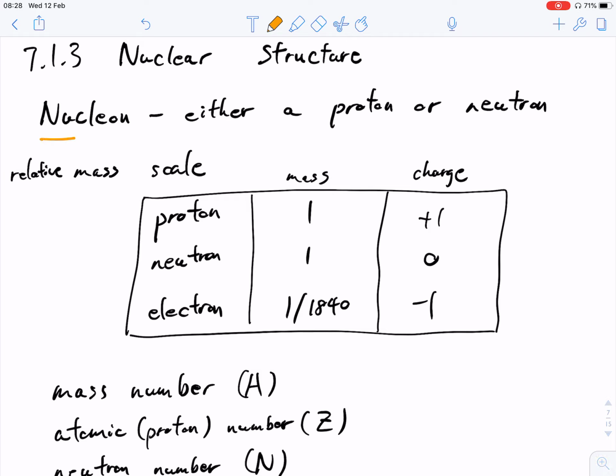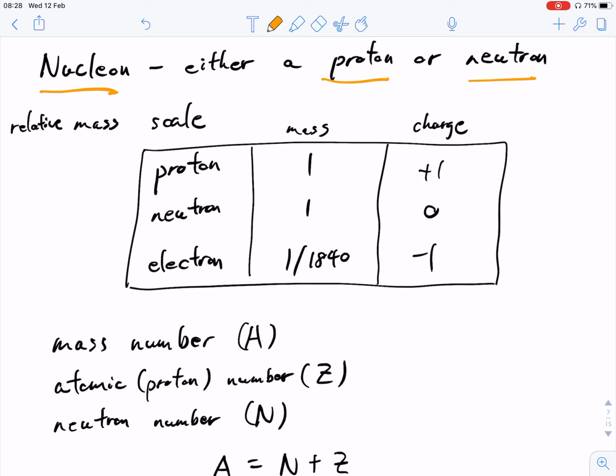So first off, a nucleon is generally any particle inside of the nucleus of an atom. So it's either a proton or a neutron. And in terms of our relative mass scale, an electron is a lot smaller in comparison to a proton and a neutron.